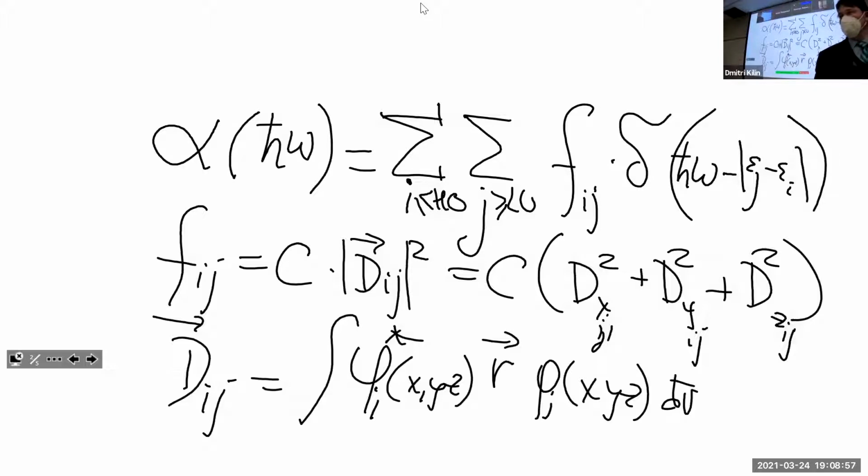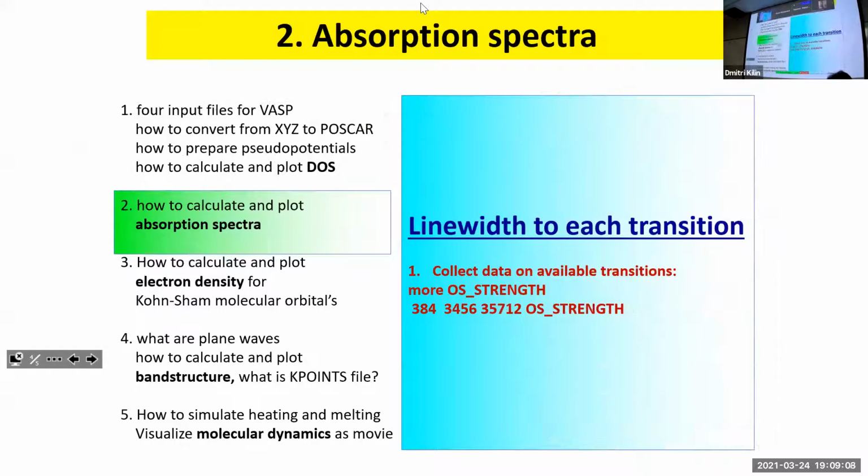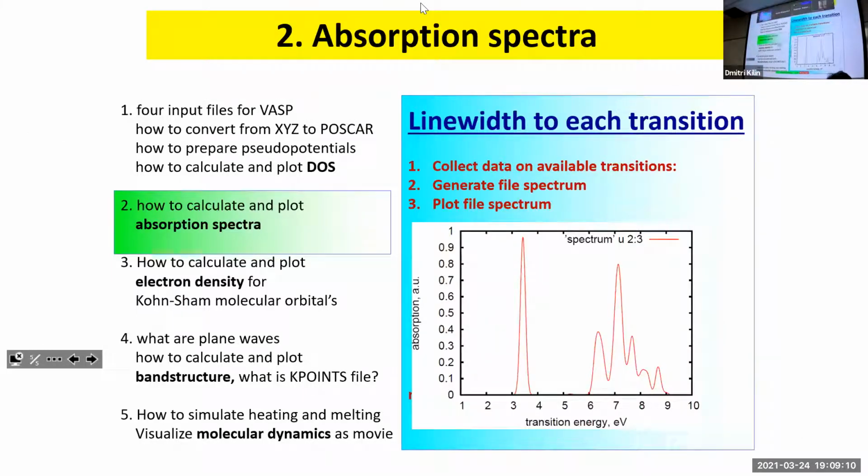So it's just if you have curiosity what we are doing. The height corresponds to F_ij, and the position corresponds to energy J minus energy I.